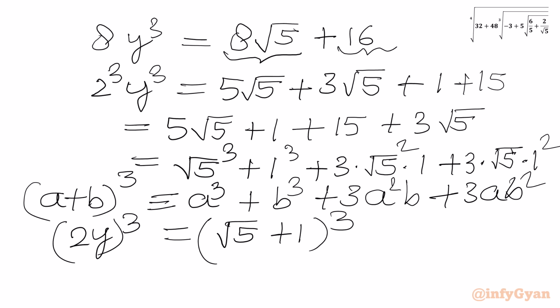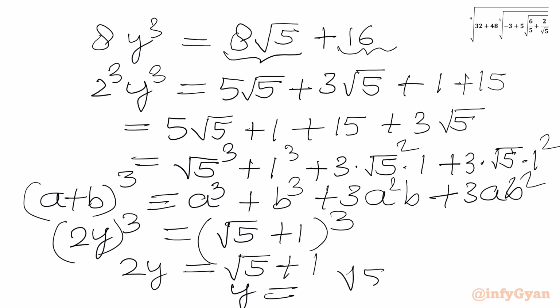Now we will take the cube root on both sides. For the real value of y, we will get 2y equal to square root 5 plus 1. After dividing by 2, we will get square root 5 plus 1 over 2. This is our cube root.